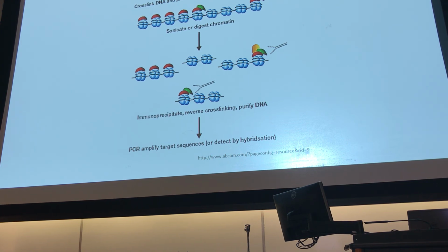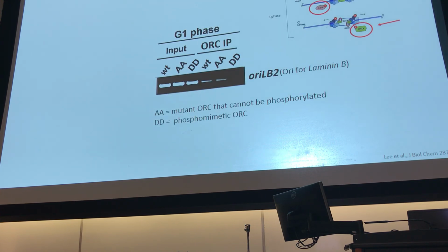So here's what that looks like. In this case, we're looking specifically at the ORCs. Remember, the ORC is the complex that binds to the origin of replication to tell the cell, this is where I want to start replicating my DNA. Now, we know that cyclin A-CDK2 is the complex that is going to phosphorylate this guy to get him off of the DNA once replication has started.